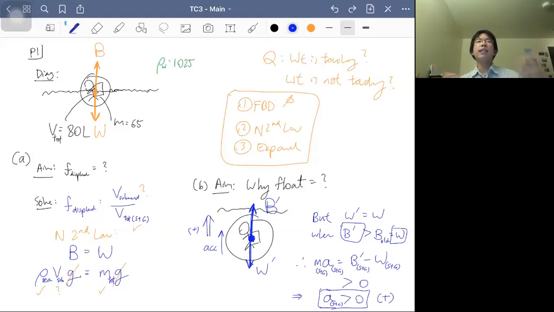When the density of wood is less than the density of water, so it floats. That's not a law. That's not a universal law. Newton's second law is much more fundamental, because Newton's second law explains everything about motion on Earth. Anytime you want to know how things move, Newton's second law explains. Whereas the trivia, let me sort of exaggerate and call it the trivia, that less density will float.